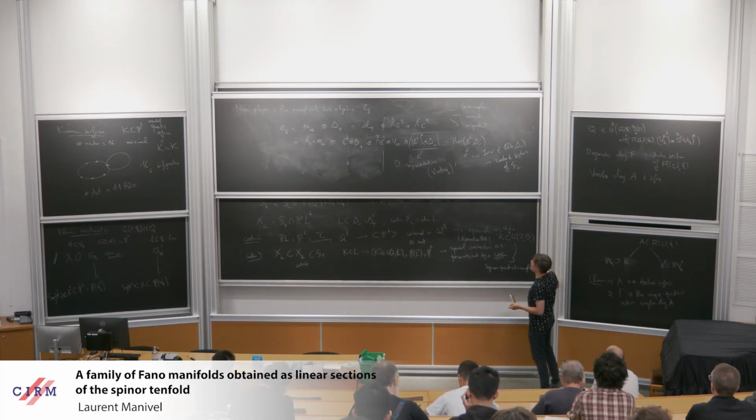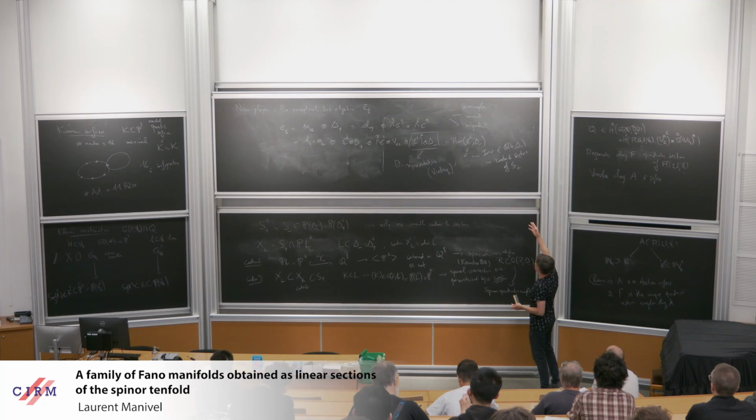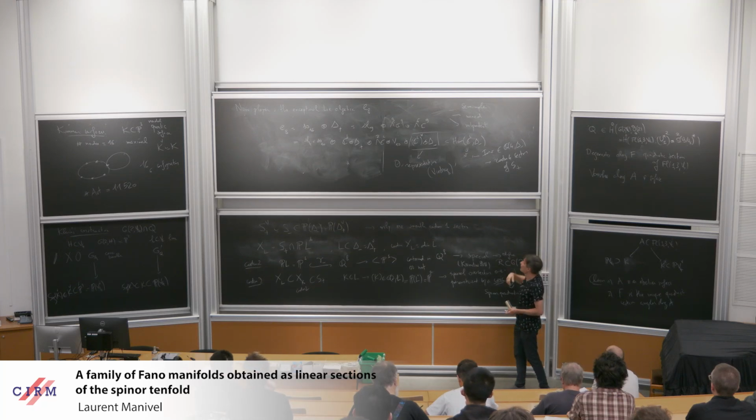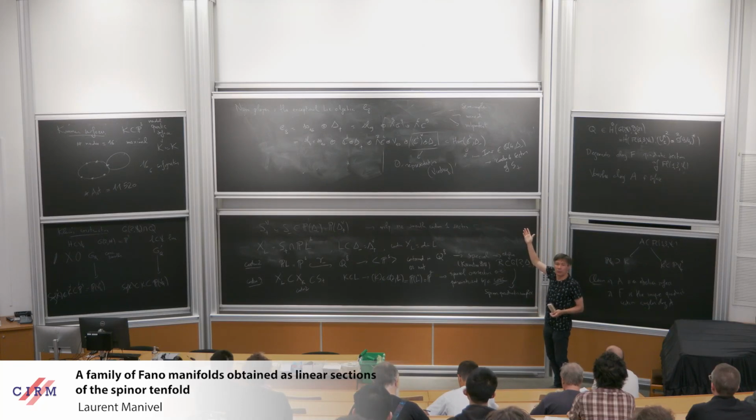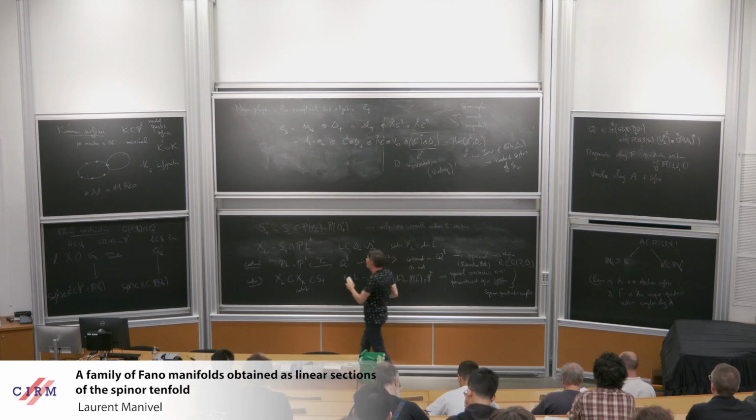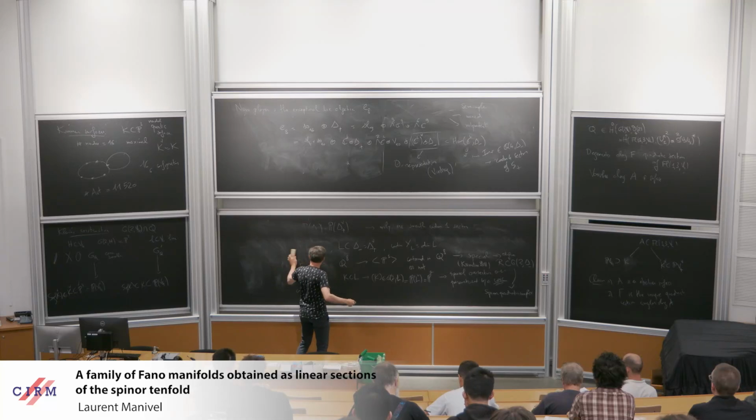You can essentially classify all the orbits inside this theta representation and therefore all the orbits of codimension 4 sections. Okay, so we have a family of Fano manifolds of dimension 6, and we know essentially everything about those.